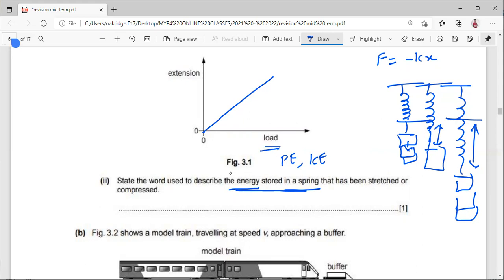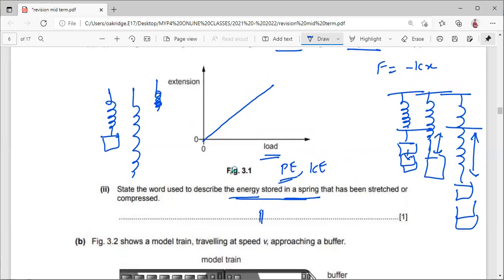But in the case of a spring, you observe that the spring does not move anyway. You put a spring like this, you put an object over here, the spring expands like this or contracts like this, but still the spring itself does not start moving, right? So therefore, this is not kinetic energy. This is the potential energy, right?